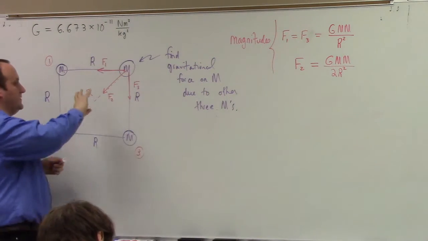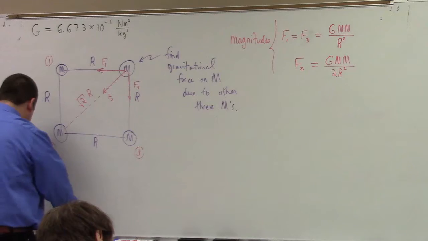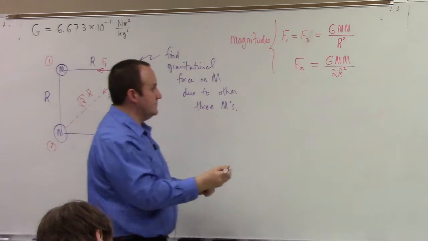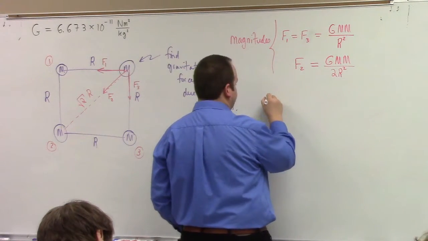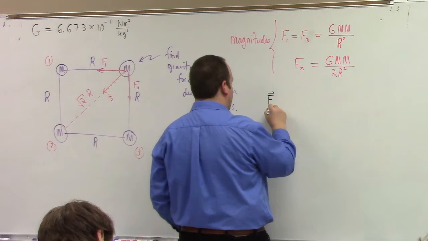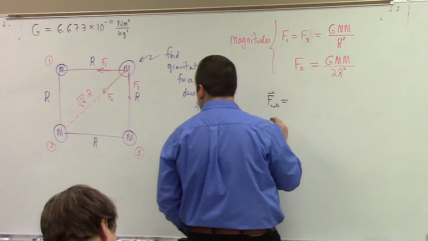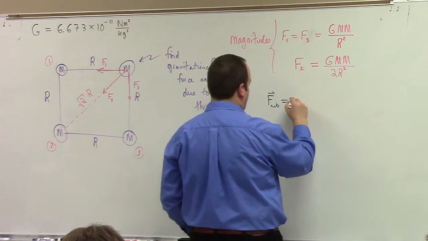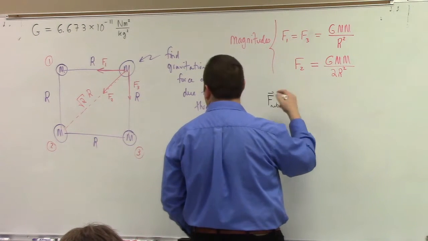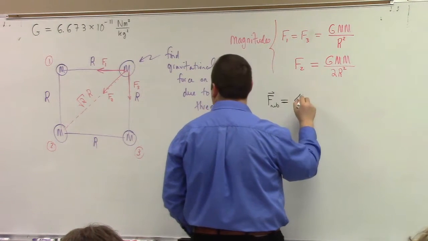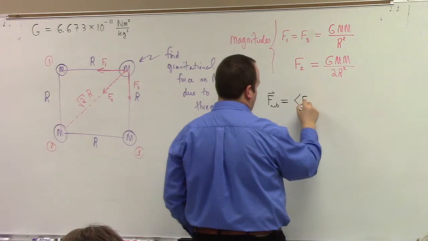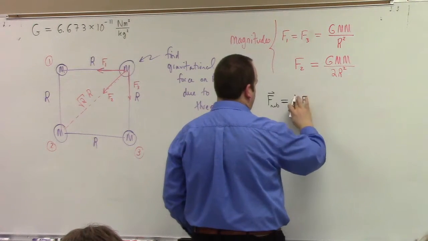Now I have to mind the geometry, right? So here we go. The net force is what? Well, let's see here. I'm gonna just draw them separately. So we've got, of course, F1. It's x minus F1 though, right?